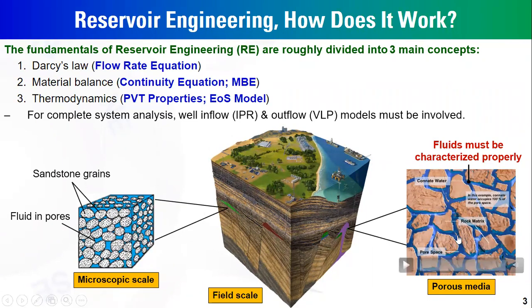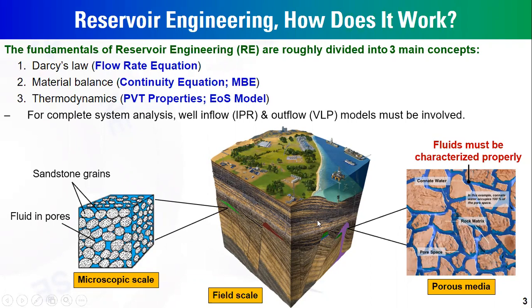In between, we have specific cement material, and in between, we have the pore spaces. In the pore spaces, we have the reservoir fluids that may be mixtures of water plus hydrocarbon. This hydrocarbon fluid may be gas or oil, or a mixture of gas and oil, and so on.